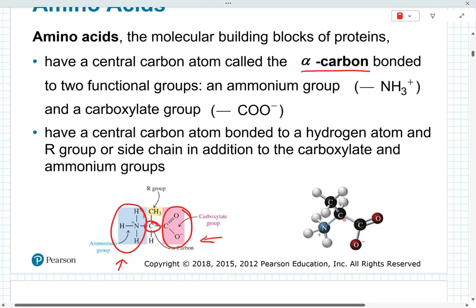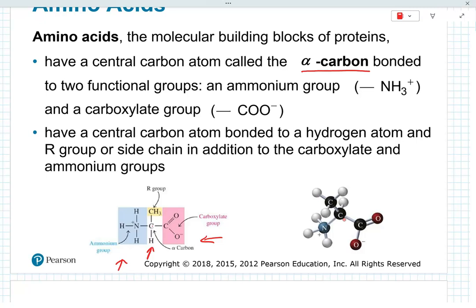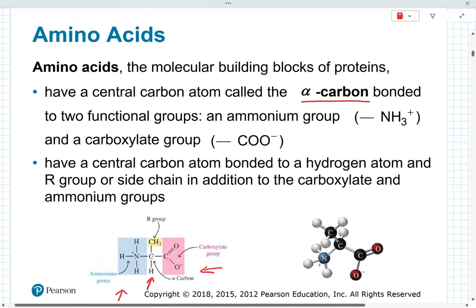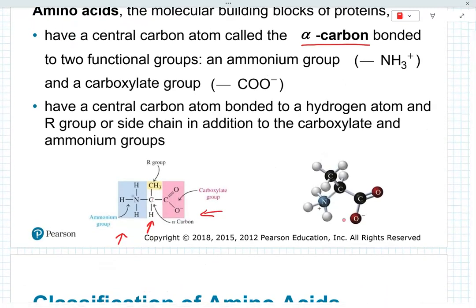Yeah. And the alpha carbon will always just be carbon. Would it ever be like CH? Well, technically there is a CH here, right? Yeah. But it will be carbon, hydrogen, and the side chain. All right, so hear me out.